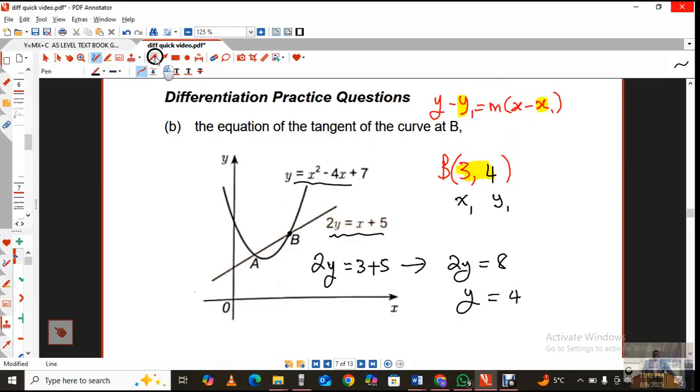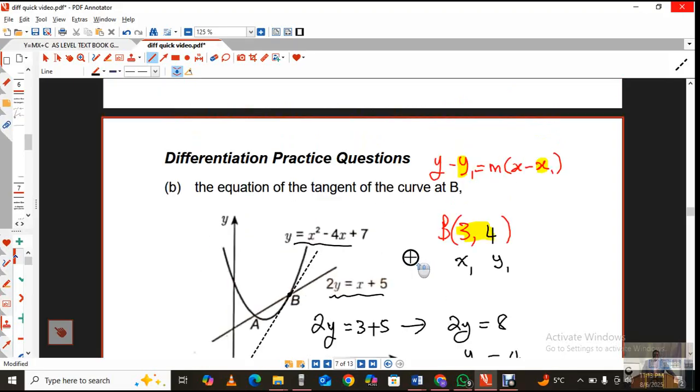That line is also touching, so its gradient is not the same as the gradient of this line. Please don't confuse the two. So in order for us to find that gradient, we need to find the derivative of this. Once we have the gradient function, then we'll substitute the value of x into our gradient function in order to get the numerical value of m for the gradient there.